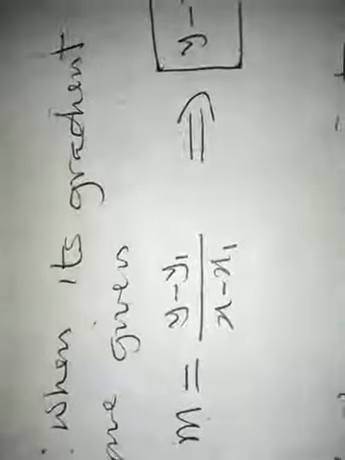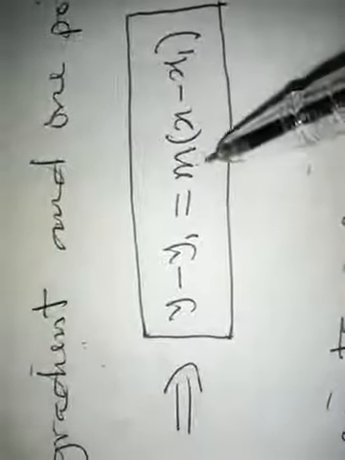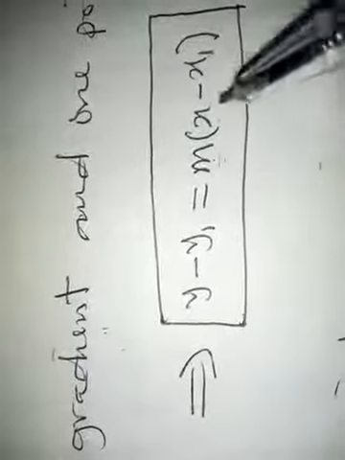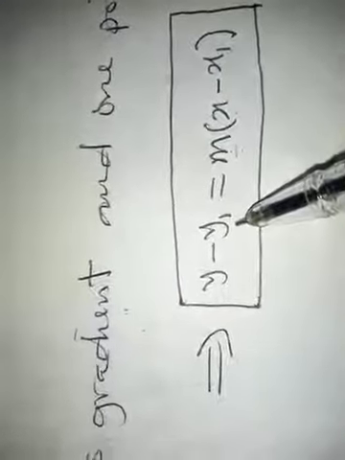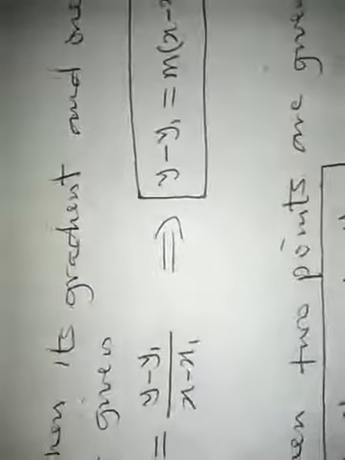And you will agree with me that when we cross multiply, this will give us y minus y1 is equal to m into x minus x1, where the m here stands for the gradient and x1, y1 represent the coordinates of the point that is given.